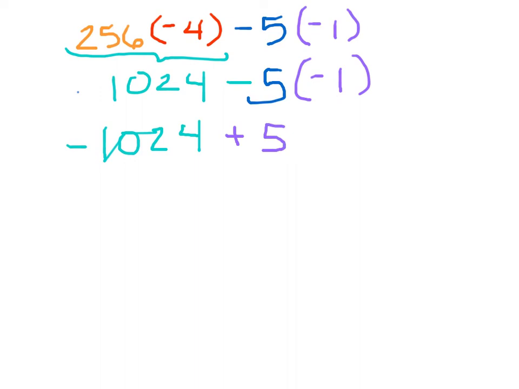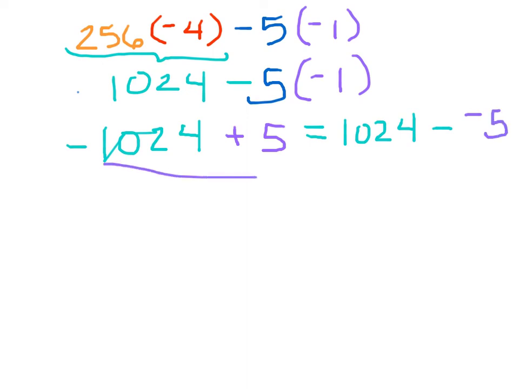Or, just to show you a different way, I could have said this was 1024, minus, and then just be looking at the 5 times -1, in which case it would be minus a -5, which of course is the same thing as plus.